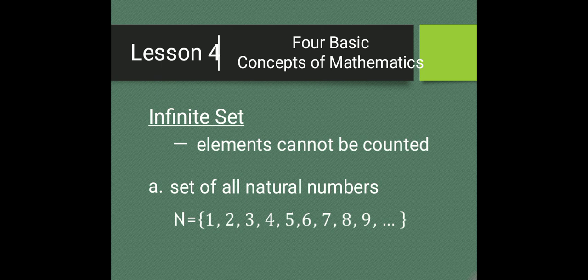If we put this in a set, we have 1, 2, 3, 4, 5, 6, 7, 8, 9 going to infinity. Meaning, we don't know how many elements the set contains, it goes on to infinity, and we don't know the last number. So, that set is called an infinite set.